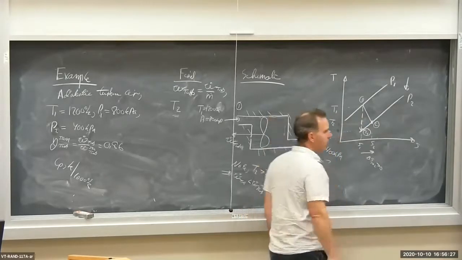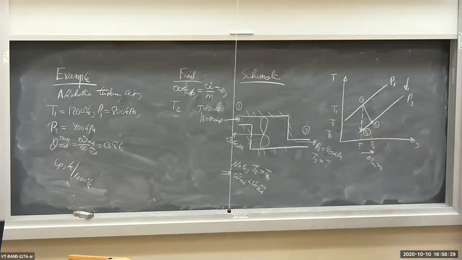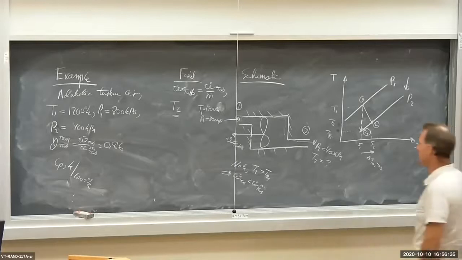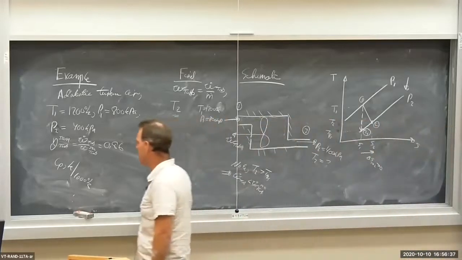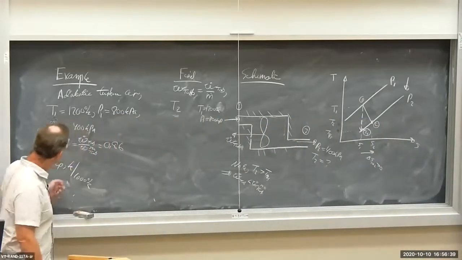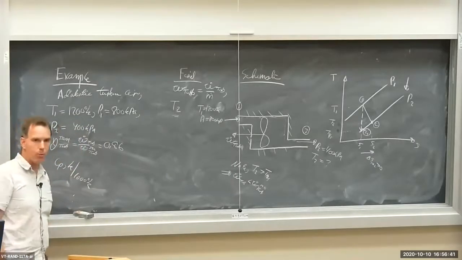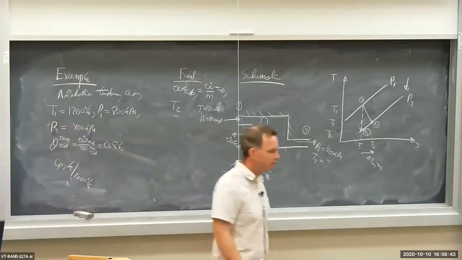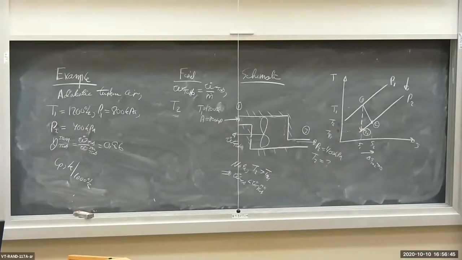We're going to be calculating T2, and we'll probably calculate T2s as well. I'm going to be putting some numbers in here. We're going to do this problem assuming constant specific heats. The previous problem we did involving entropy generation was a nozzle, that was variable specific heat.